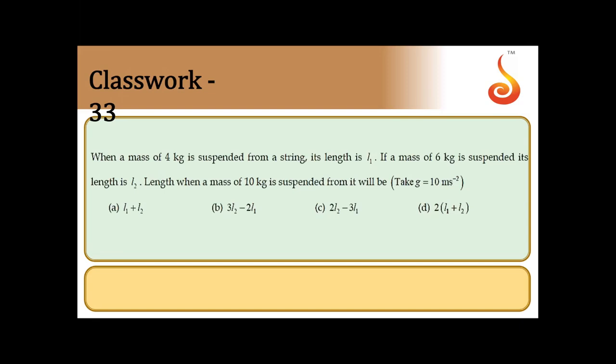So when 6 kg is suspended, length will be L2. So the length of the string is directly proportional to mass that is added. So 6 into g should be proportional to L2.